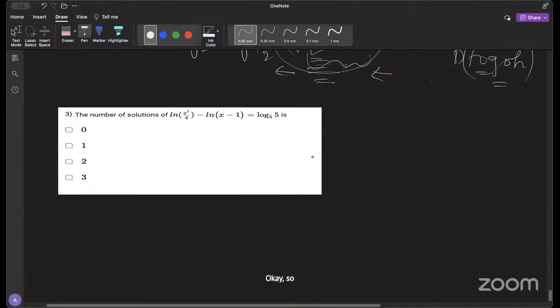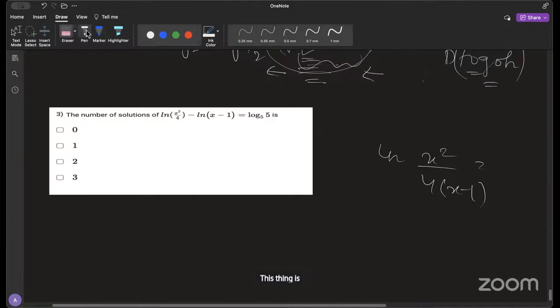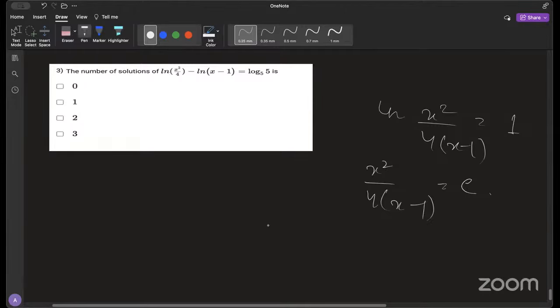Okay, so this you can write as natural log of x square by 4, x minus 1. And this is log 5, which is 1 only. This thing is 1, right? Yes, ma'am. Then you take x square by 4x minus 1 equal to e. And this is just a quadratic equation that you have to solve. So use the quadratic formula, that's all.